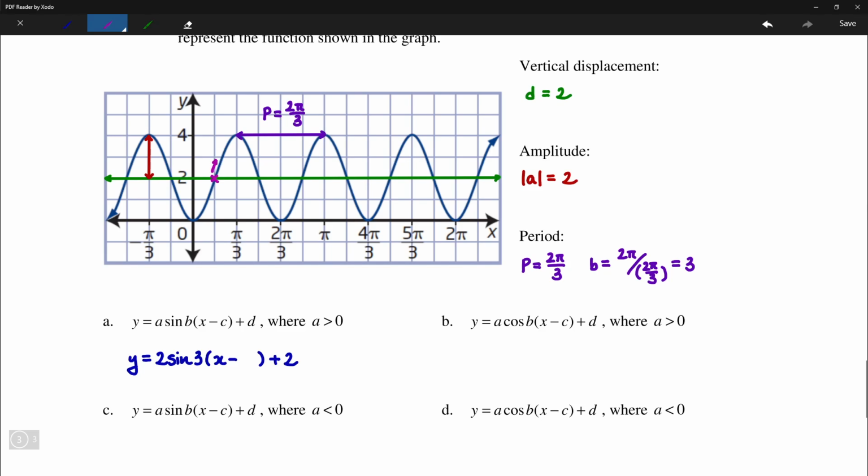So that's a possible choice for our c value. Likewise, we can also choose this point as well. That will also work because, again, we start at the midline and it immediately moves upwards. And we have other choices as well. So the choice is not unique, but of course there is a set criteria as to what we can choose for the C value. Again, this is going to be pi over 6.